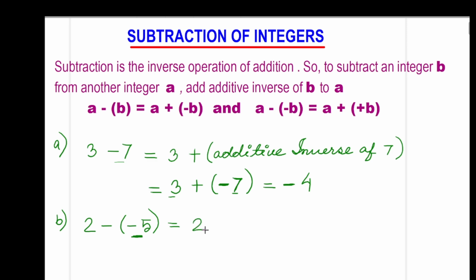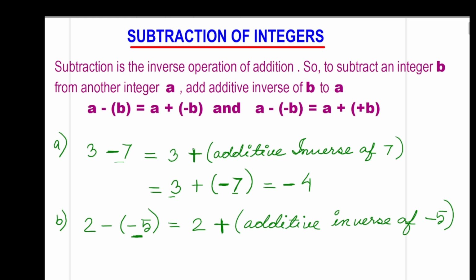See, 2 plus, when we have written here plus, that means additive inverse of minus 5. When we have changed minus to plus, then we have to write the additive inverse.